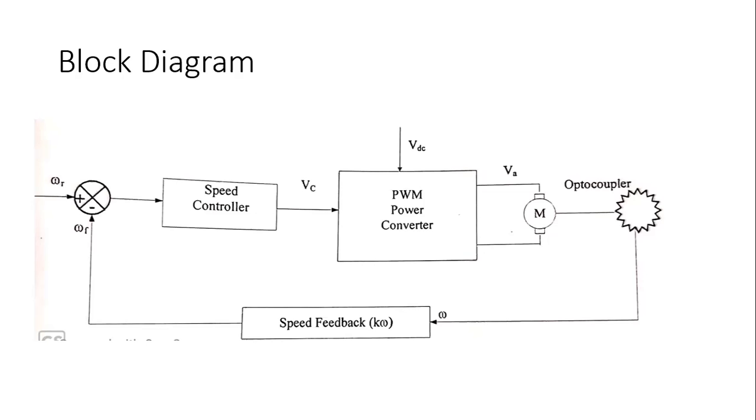With respect to a particular fixed value of input voltage, that is what we have got from the speed controller, we will get an output voltage which can have a variation in the duty cycle and correspondingly the variation in the value of speed. This output voltage is what we give as VA to this PMDC motor.